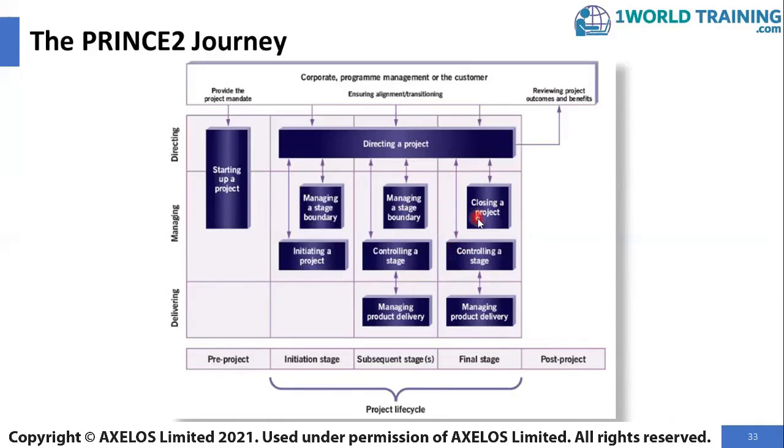When the PM realizes that the project is nearing completion, the PM will start performing the closure activities through the closing a project process and eventually inform the project board through the directing a project process that the project can be closed now. And the directing a project will review all the information required and declare the closure of the project if appropriate.